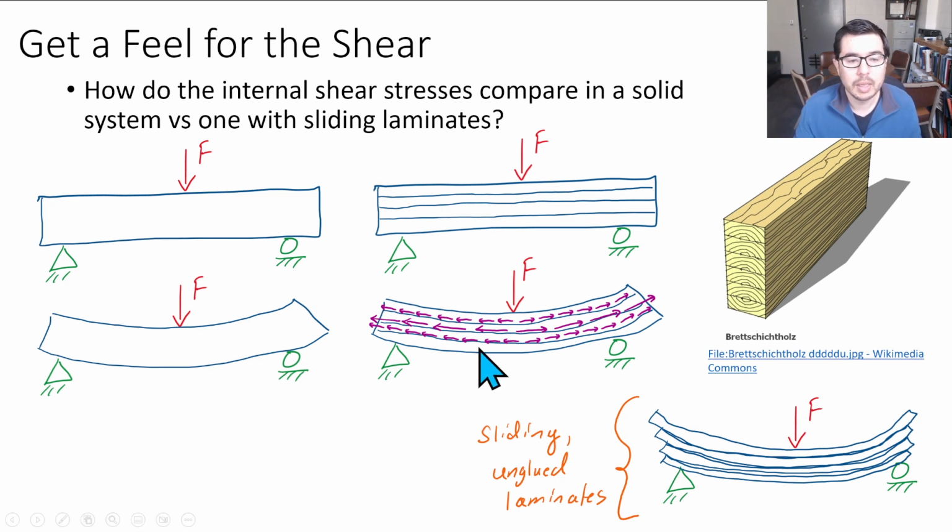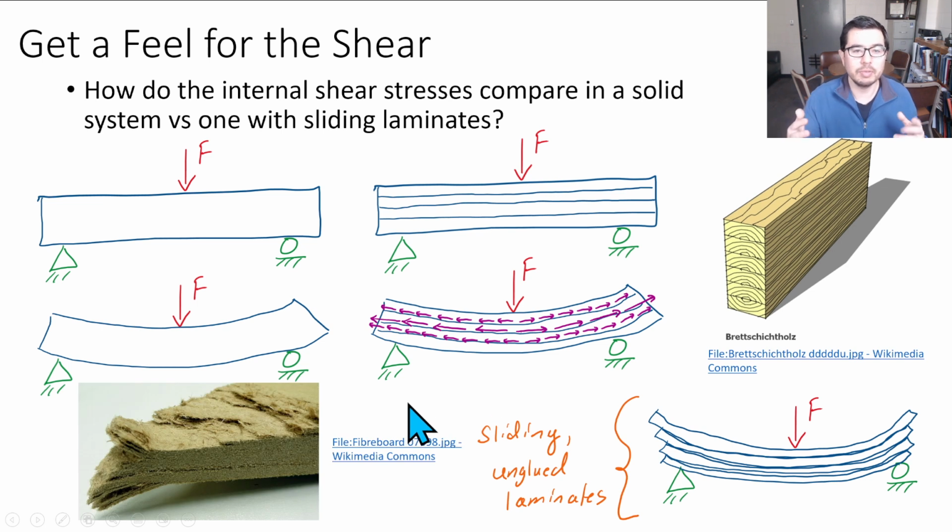And then one final tidbit of good-to-know information: since the maximum shear stress is at the neutral axis, it is possible that there can be failure closer to that neutral axis. I do not know what this piece of fiberboard experienced when it failed.